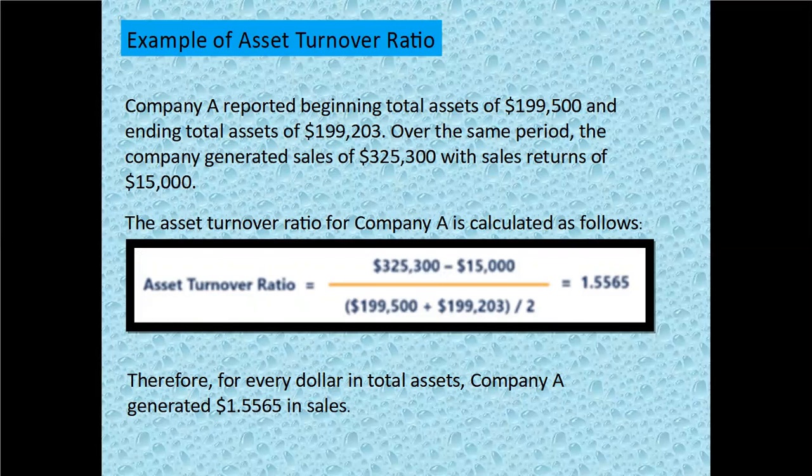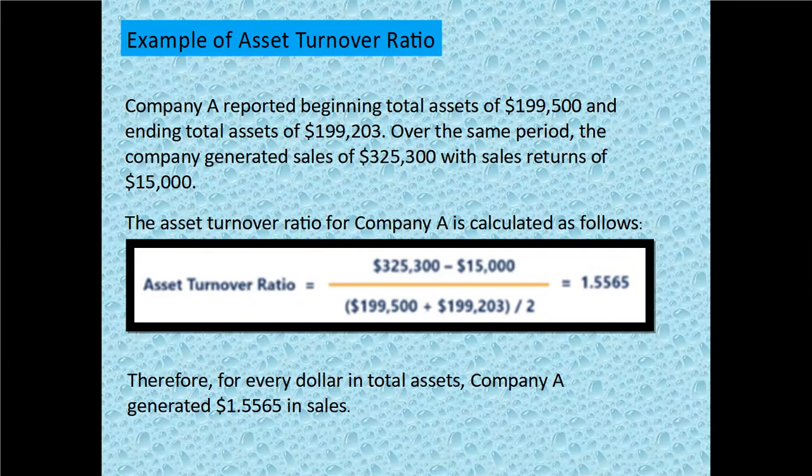Okay, we'll take an example. So here is a company. This company A reported the total asset at the beginning of the financial year as 199,500 US dollar, and at the end of the financial year, the total asset was 199,203 dollar.